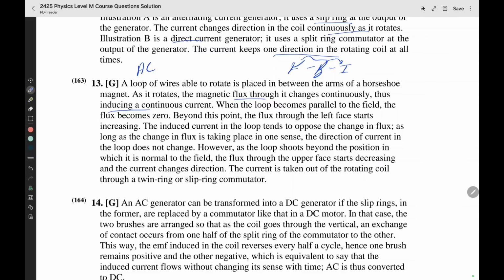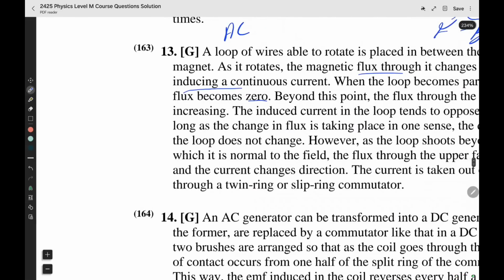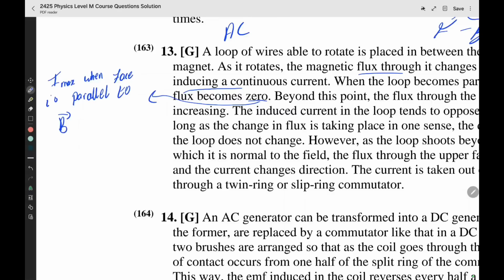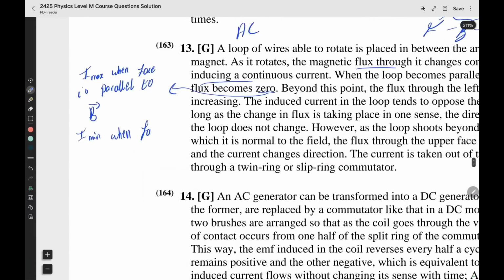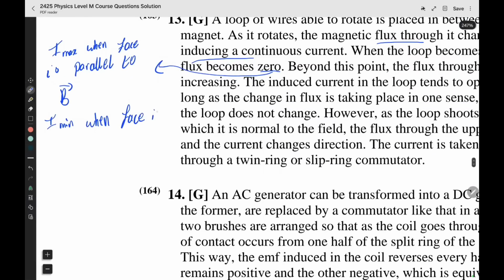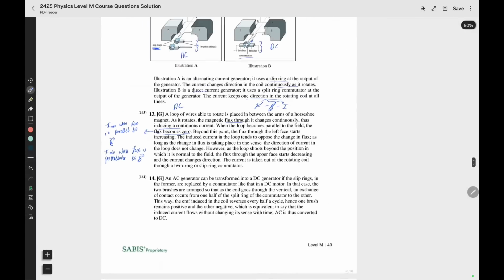And just because they asked this before and it was in the quizzes, when the face is parallel to B, I max, and then I min, or no, it's zero, I think, I'm not sure, when the face is perpendicular to B. We'll explain this again in a second, but let me finish reading.